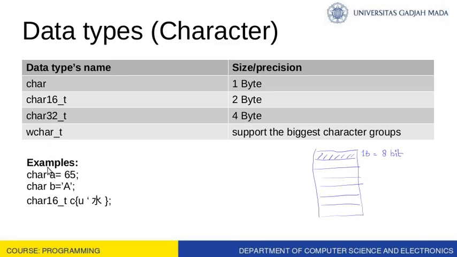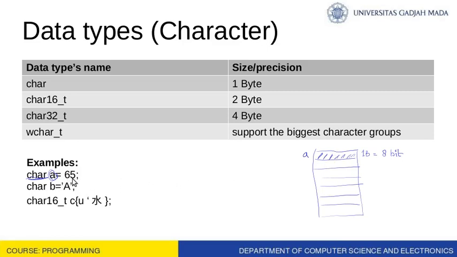Okay, so this is the example. This is your data type, and this is your variable. So it means that you have a variable with the name A, and it has 1 byte memory allocation, and the value inside of it is actually 65.